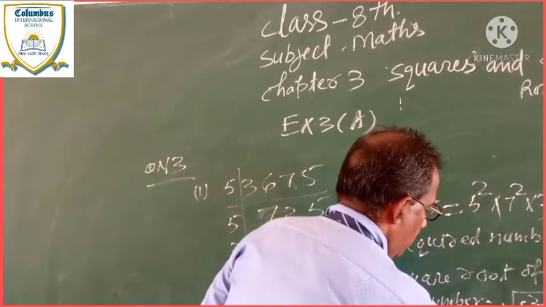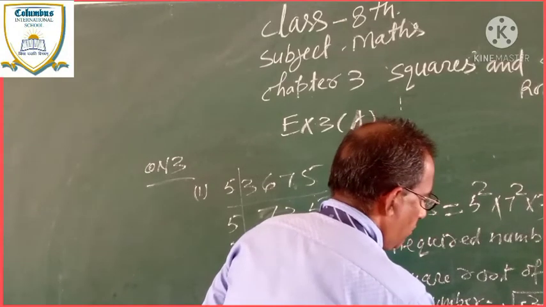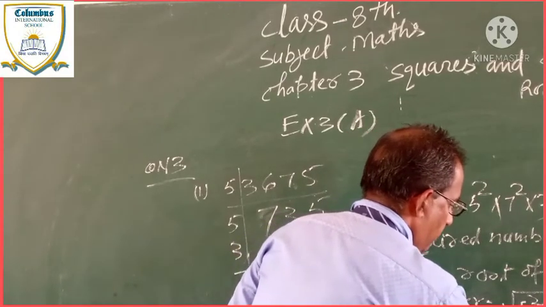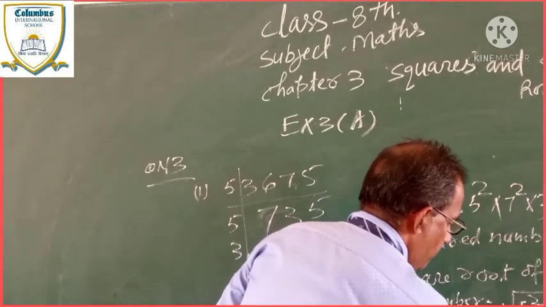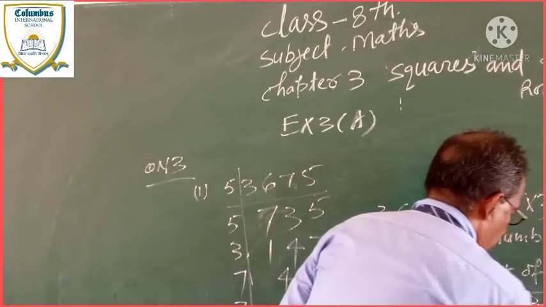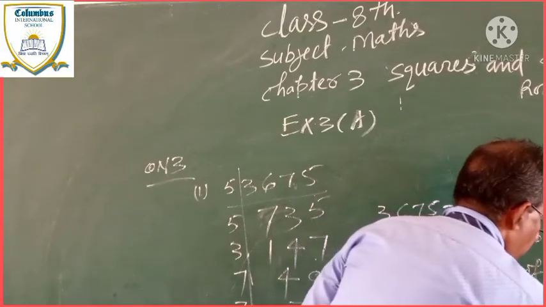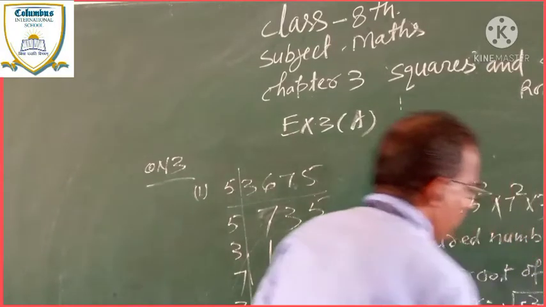So it equals 5 into 7 into 3. 5 sevens are 35, into 3 is 105. 105 is the square root of the new number.